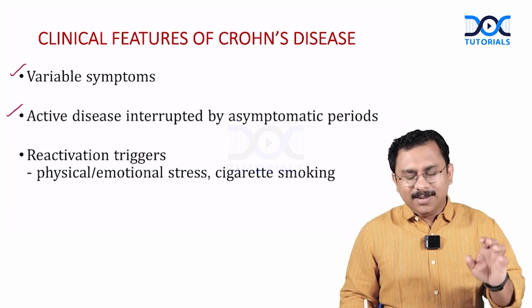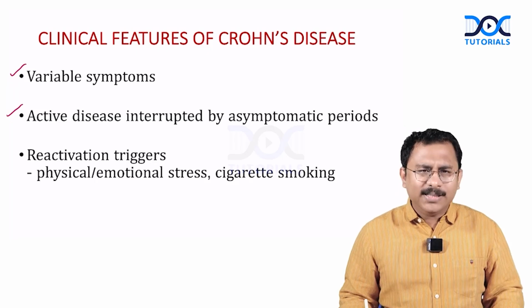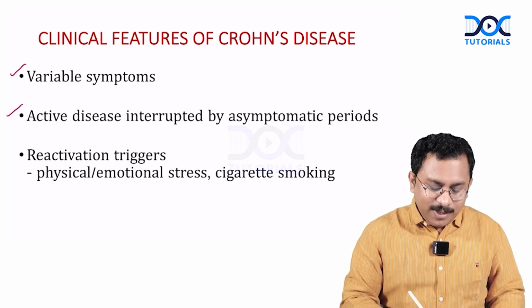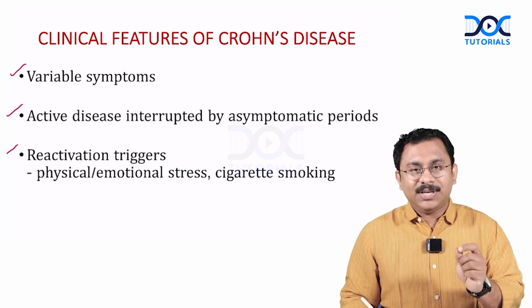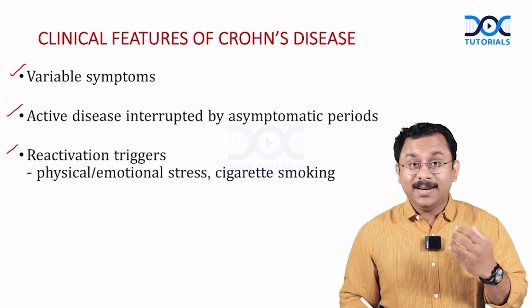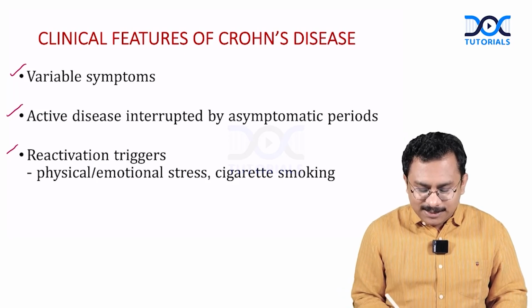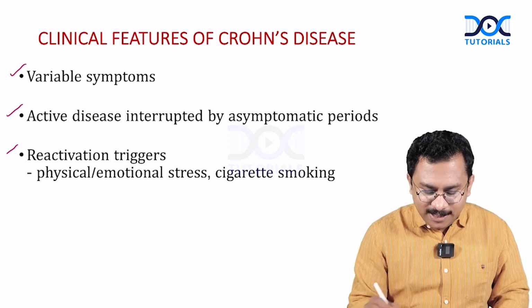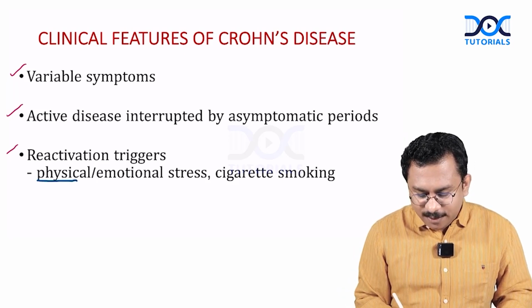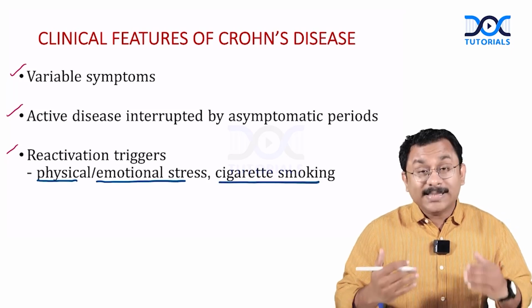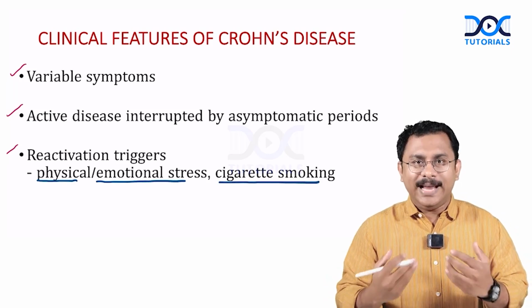So active disease is interrupted by asymptomatic periods, which can be weeks or months, and you can have relapses triggered by certain factors. So what are the reactivation triggers? You can have physical and emotional stress, and cigarette smoking. These are all triggers for the relapses.